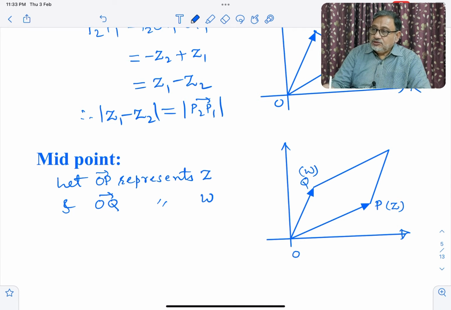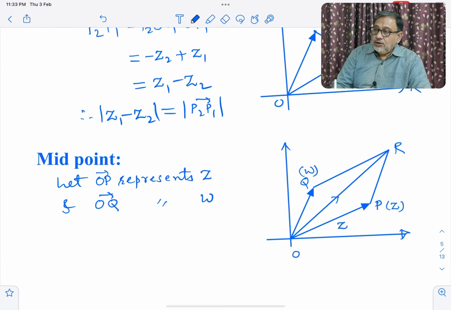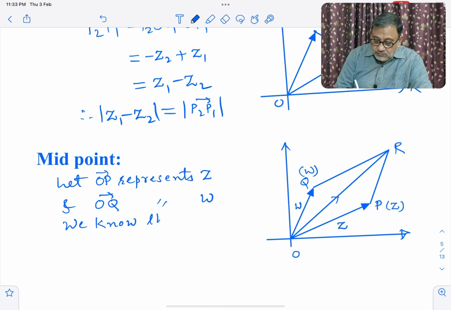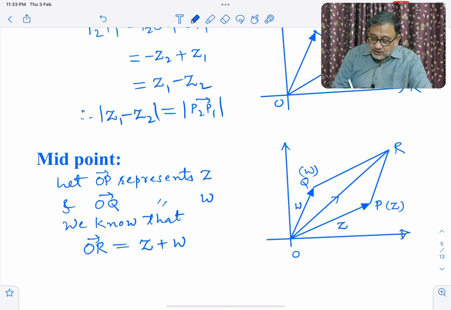So suppose this is R, the resultant vector. Now this OR, this is Z, this is W. So we know that the vector OR is equal to Z plus W, because the sum of the adjacent sides gives you the resultant vector.